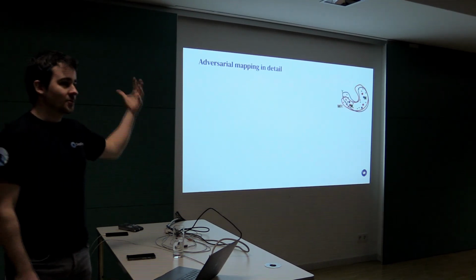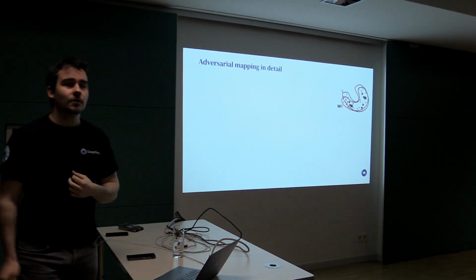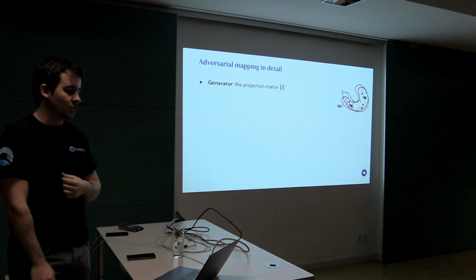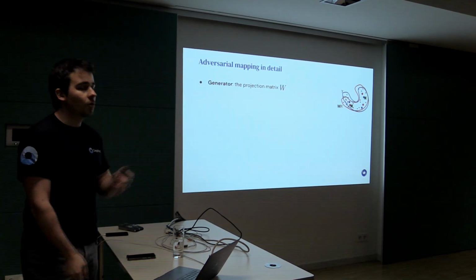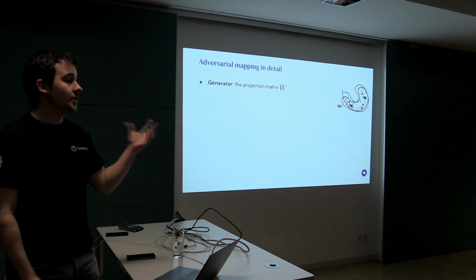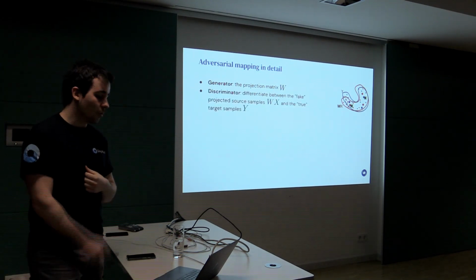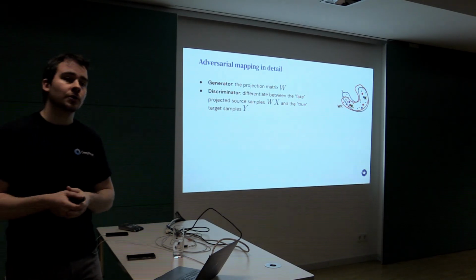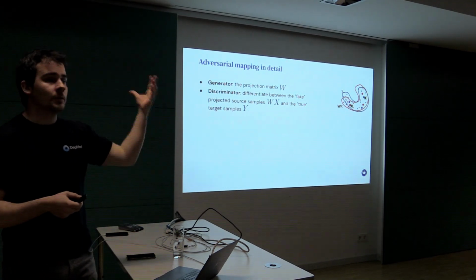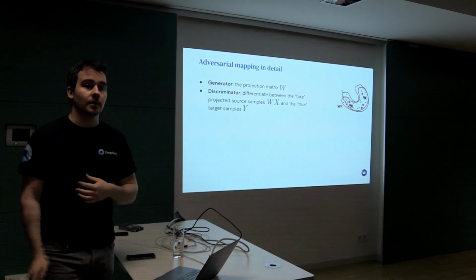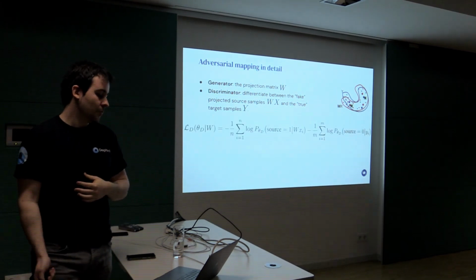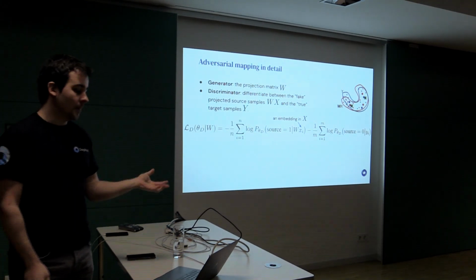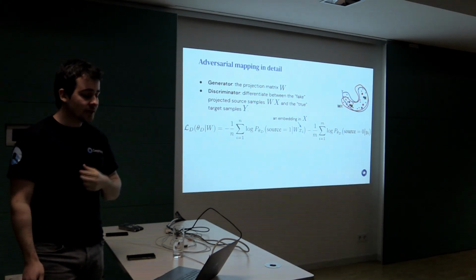And now, this was more conceptual, so just very quickly for a bit more of the mathematical details: as we've seen before, the generator here is just a linear transformation matrix, and the discriminator is just another neural network that gets as input either the projected embeddings or the target samples. And in typical GAN fashion, we have two losses that we try to optimize alternatingly.